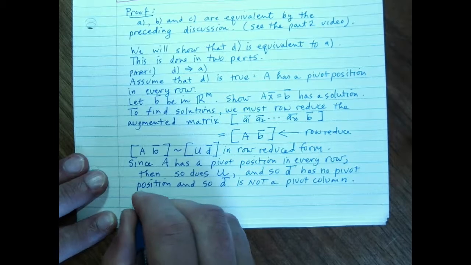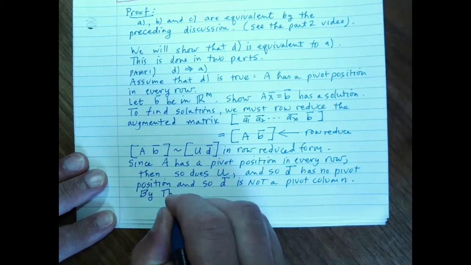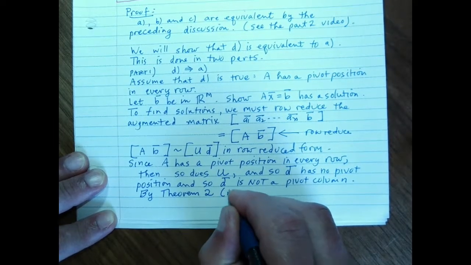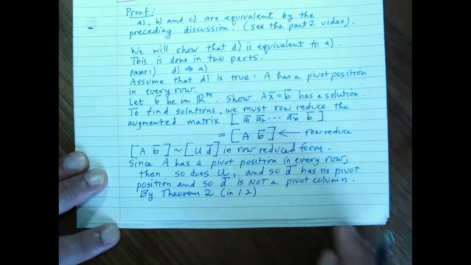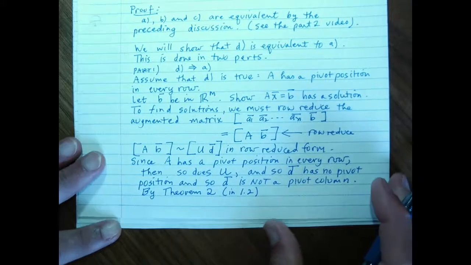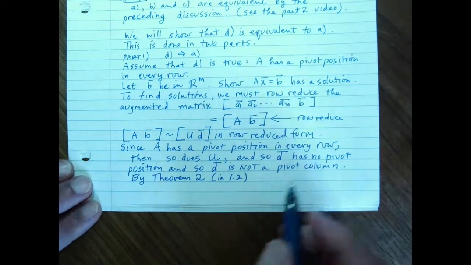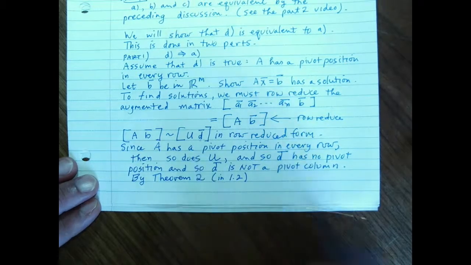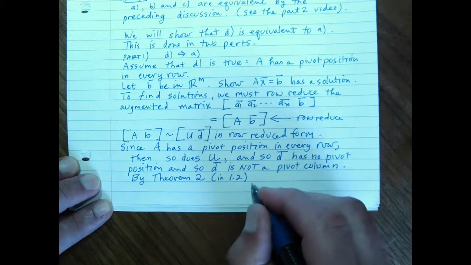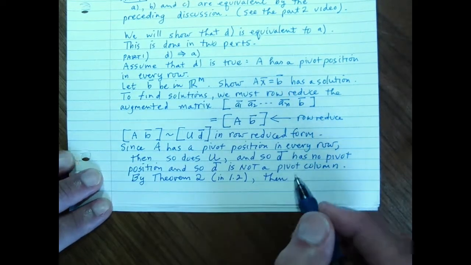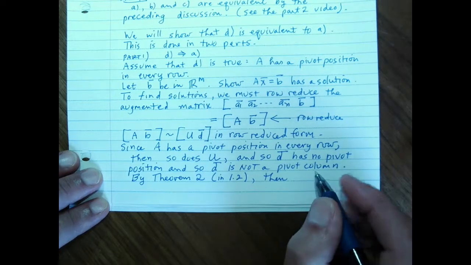Well, by Theorem 2, way back in section 1.2, if in row reduced form the last column is not a pivot column, then the system of equations has a solution.